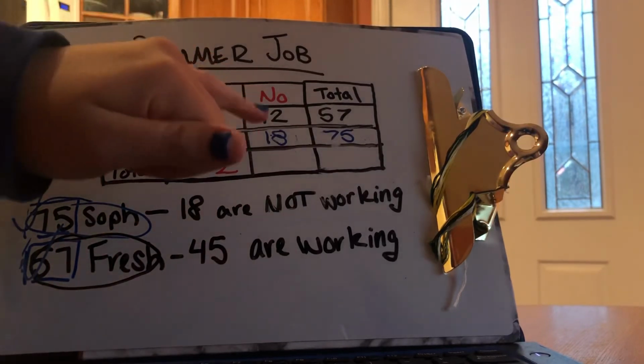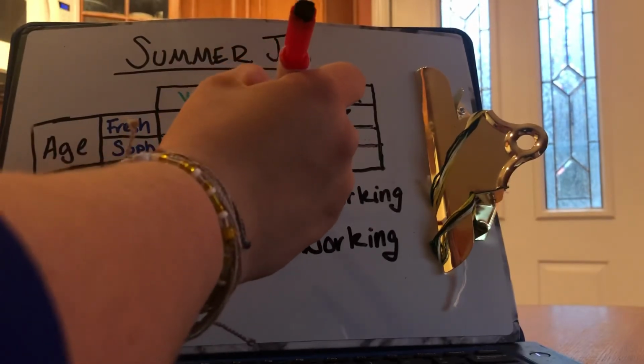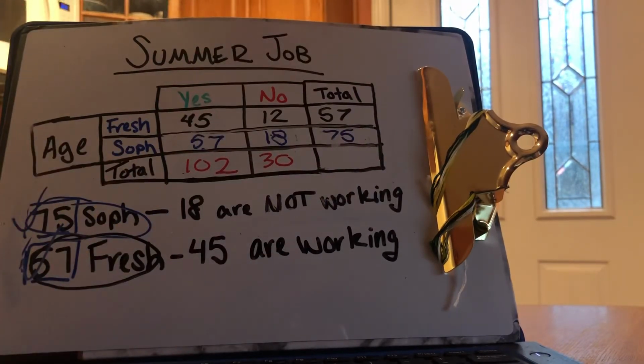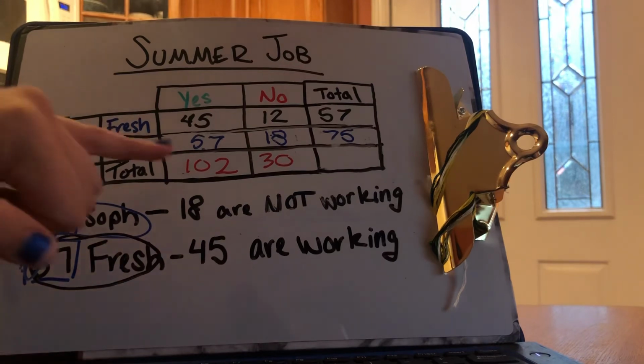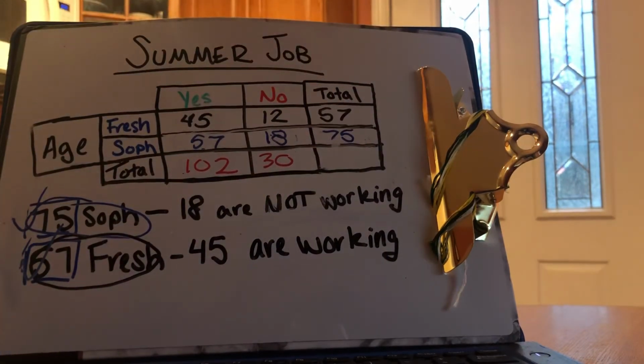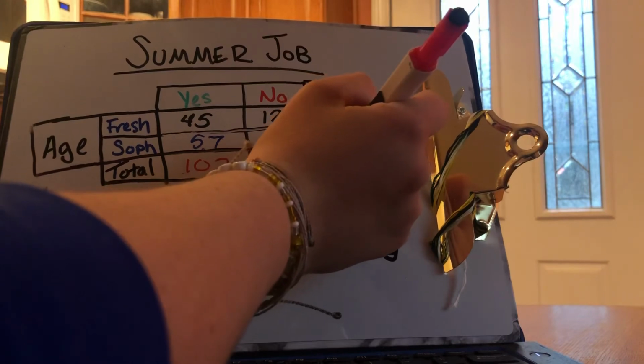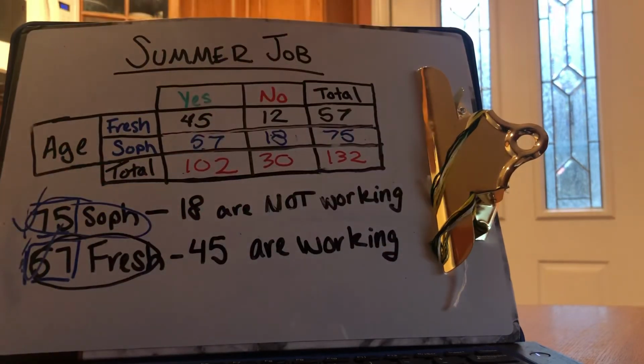I have 12 plus 18. That is going to give me 30. And then this last box for the total, you can add either these two things together or these two things together. It's going to give you the same thing. So 102 plus 30 is going to give me 132. And if you added 57 and 75, that's fine too. It would also give you 132.